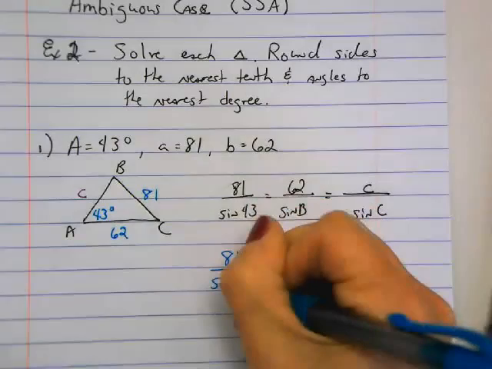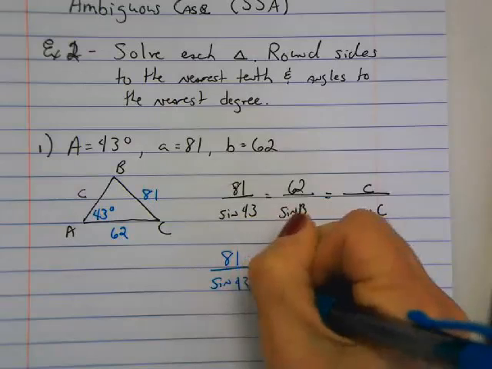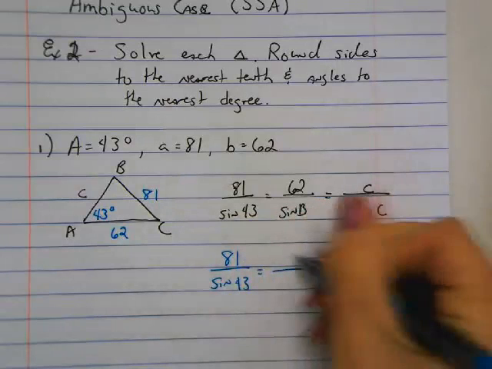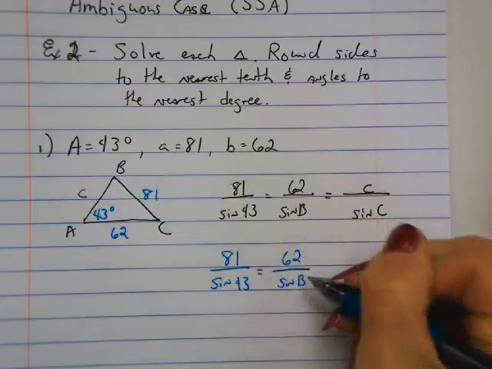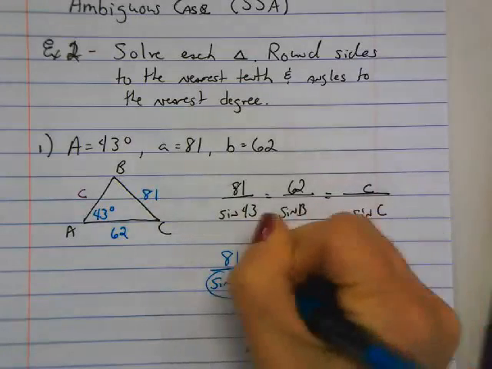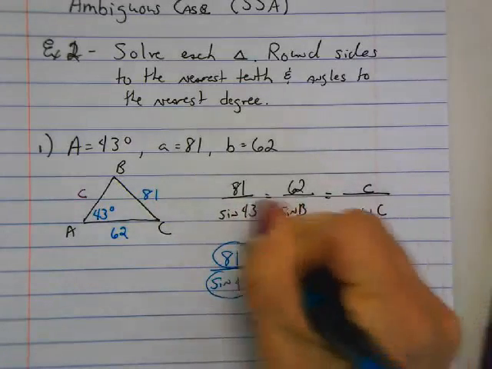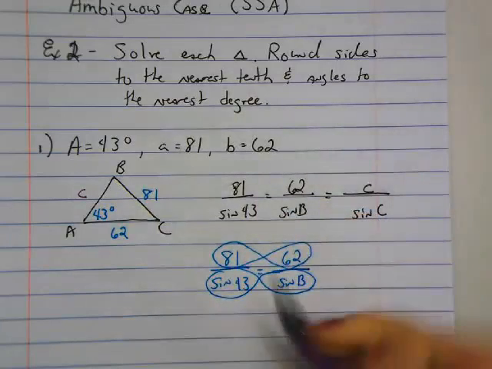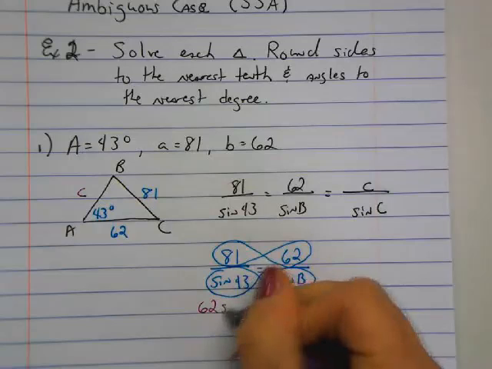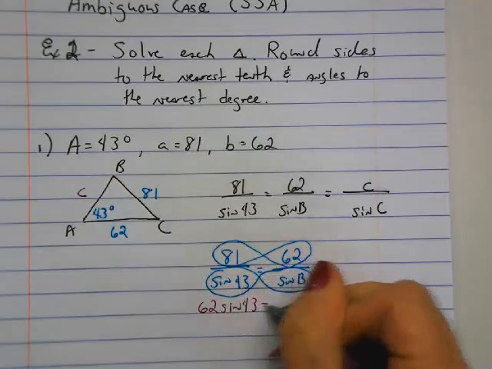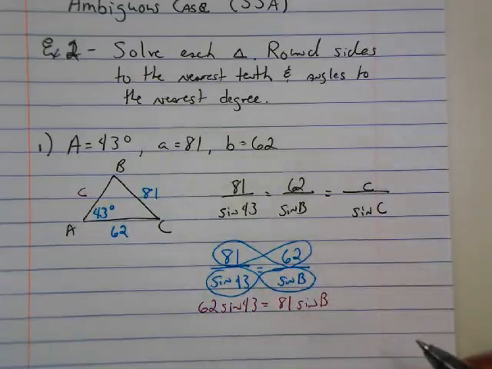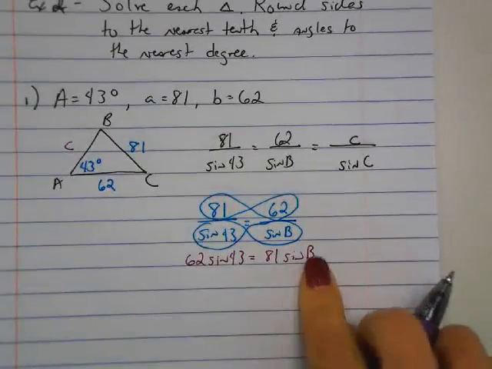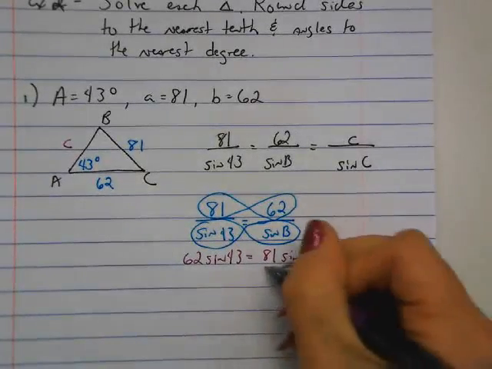Alright, so 81 over the sine of 43 equals 62 over the sine of B. Let's cross multiply, and then we're going to solve for B. So I have 62 times the sine of 43 is equal to 81 sine of B. The first thing I need to do is get B by himself, so let's divide by 81.